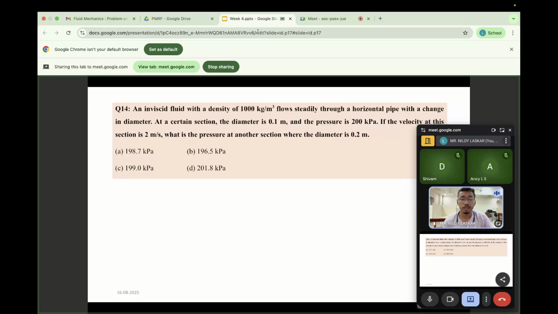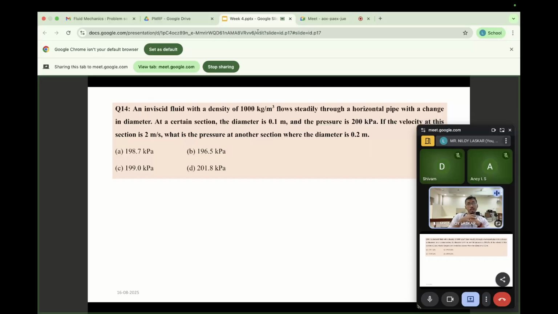Okay, I'm moving to the next question. So this is another question. What is asked in this question? It is given an inviscid fluid, that is, a non-viscous fluid, with a density of 1000 kg per meter cube flowing steadily through a horizontal pipe with a change in diameter.